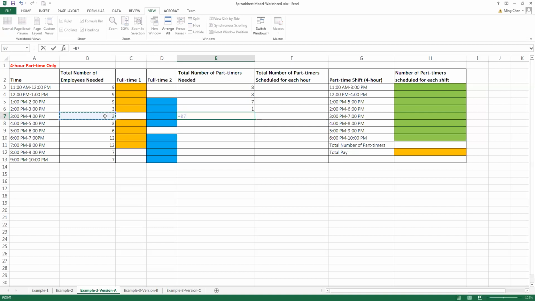The next hour, I need 3. I have 1 available, so I need 2. The next one, I need 3, with 2 available. Next, I need 6, with 1 available. Next, I need 12, with 2 available. And I need 12, with 2 available.